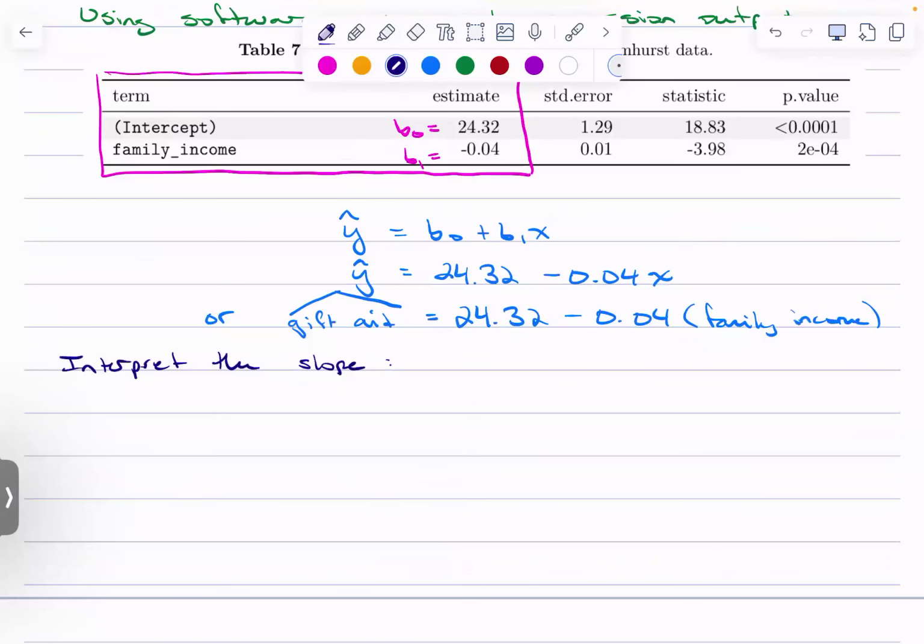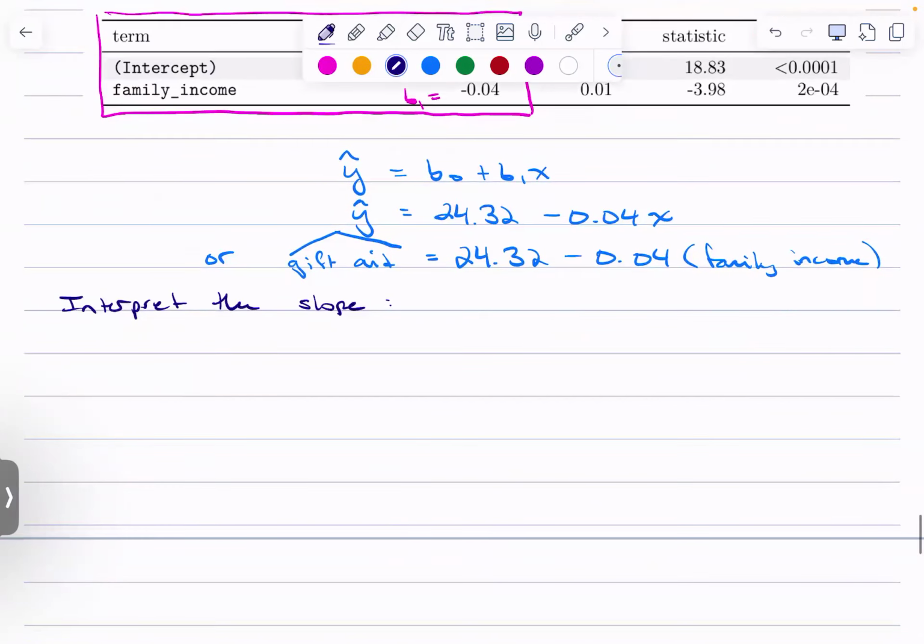So interpreting the slope, I have a slope of negative 0.04. We didn't even have to do any calculations. That's nice. What's the interpretation of the slope?